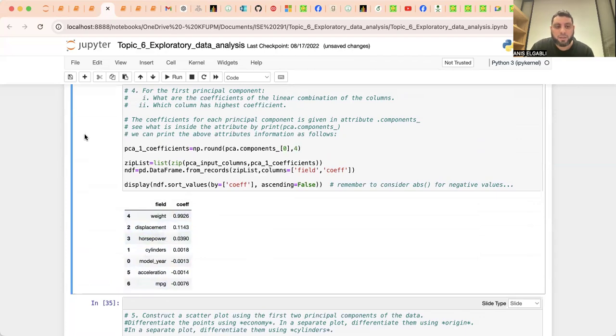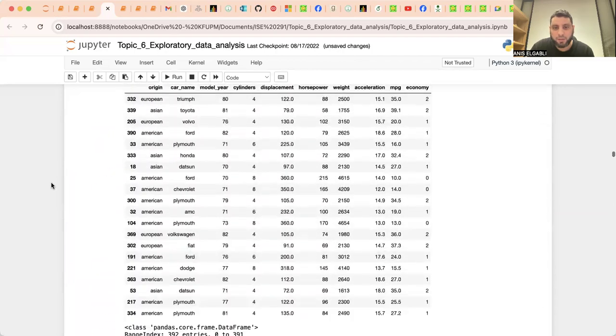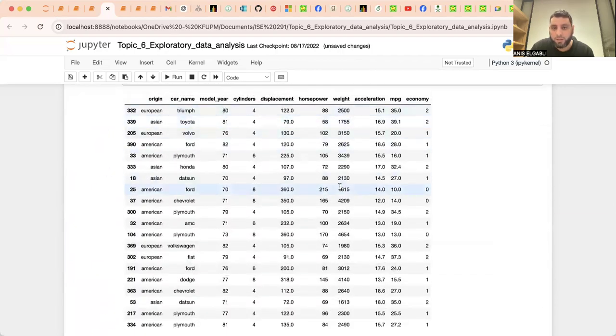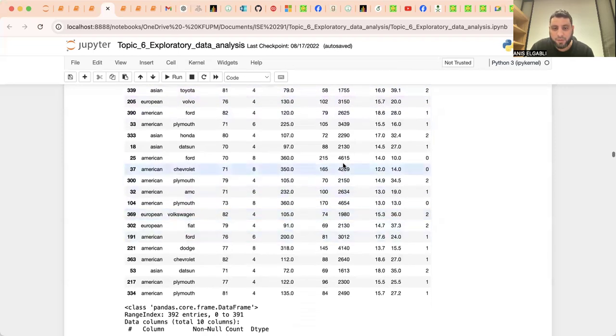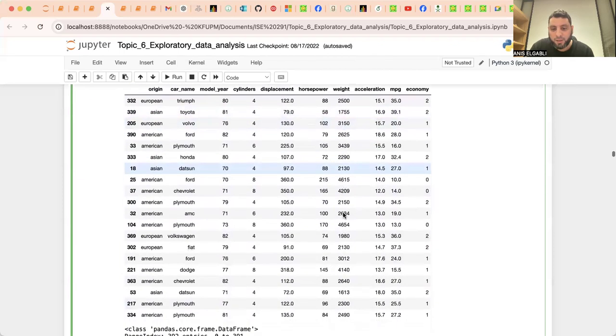I mentioned that this is because if you look into the weight here, the values are so high compared to the others. So it's dominating because of the high values and also the high variance. The numbers are generated randomly every time, and I saw numbers as low as 1,000 and as high as almost 5,000.